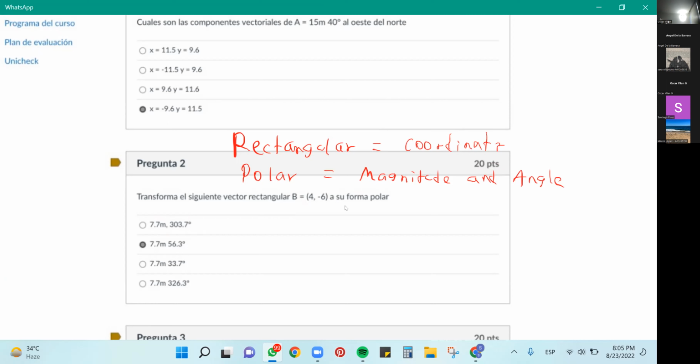You remember Pythagoras. It will be the square root of 4 to the second power plus the other component squared. It will be 7.2.